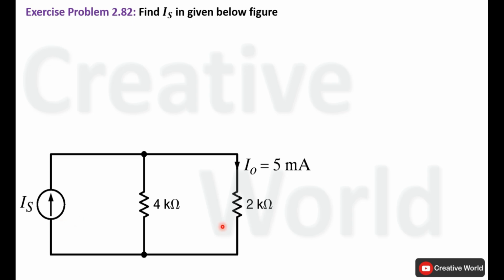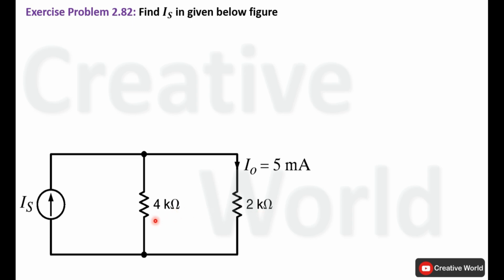If we observe, this is a parallel network, and the current through this resistance as well as the value of the resistance is provided in this scenario. So using this provided data, we can apply Ohm's law on this 2 kilo ohm resistance to calculate the voltage across it. That same voltage will be appearing across this 4 kilo ohm resistance as well.